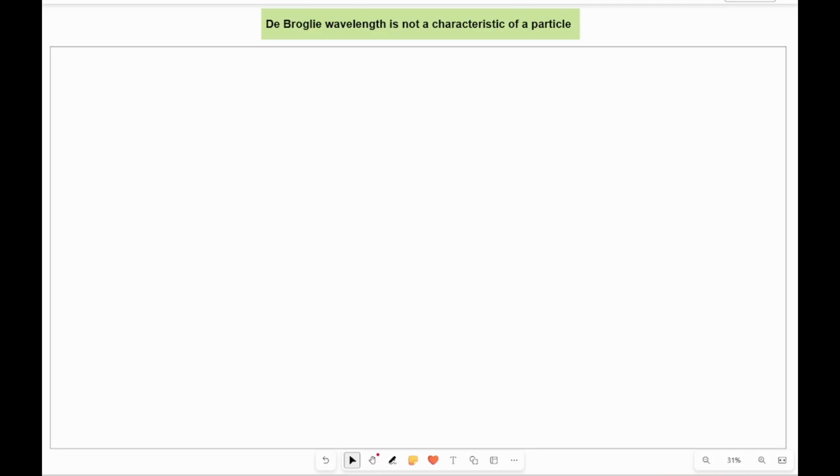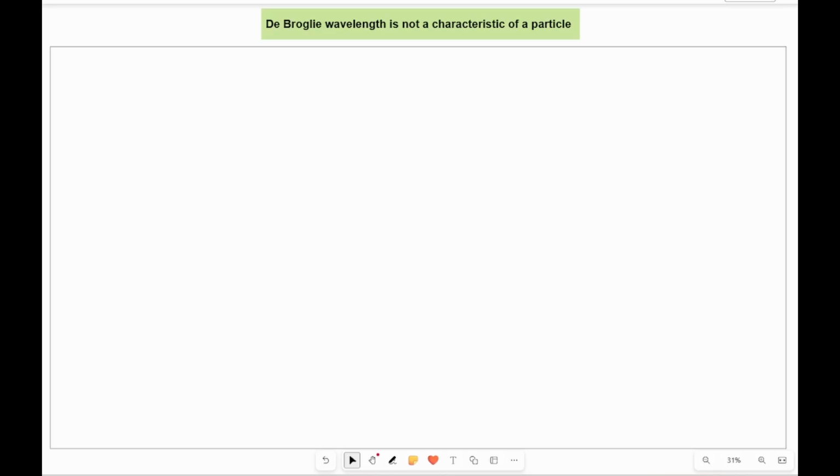Now, the de Broglie wavelength is not a characteristic of the particle. This is probably obvious to somebody that teaches quantum mechanics and looks at this in depth, but I like to bring it up because it might not be obvious to everybody else.